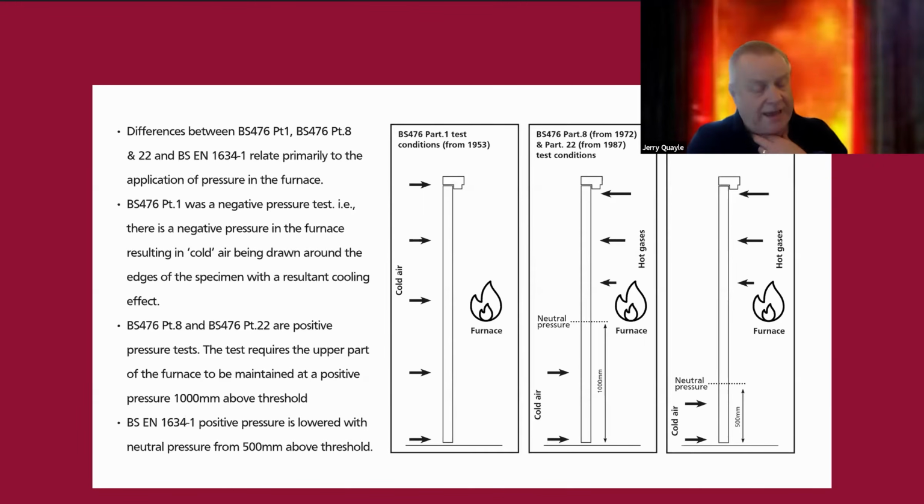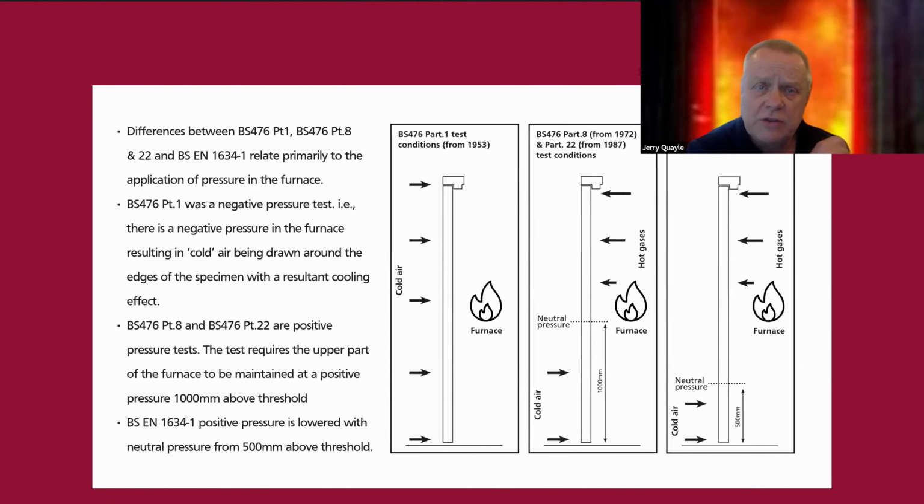Prior to that, in fact, the Americas were using a standard not very dissimilar to the one that we've used here in Part 1. Because they recognized the fact that there was an issue related to fire doors. And we actually started with it in commercial buildings and hotels and premises of that type.